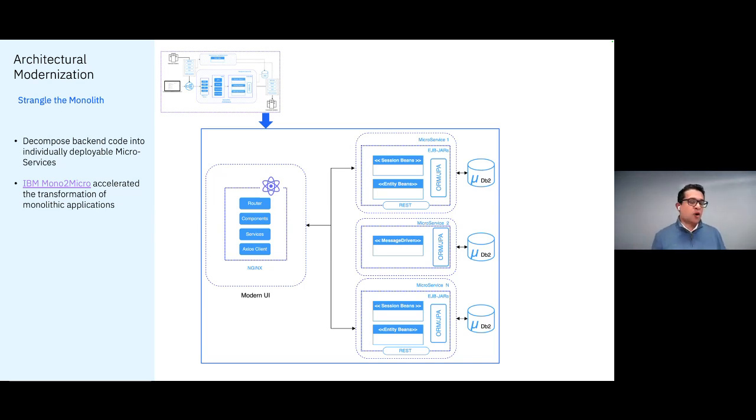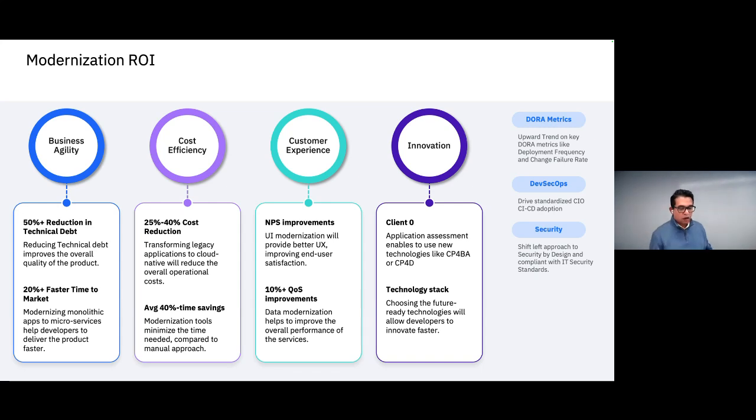But architectural modernization is really, really important because once you do this, you have a modern architecture which will help you to do things faster. And let's see what we have seen in CIO here.